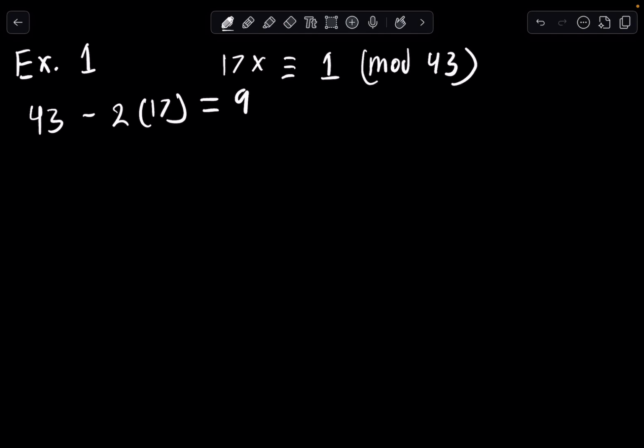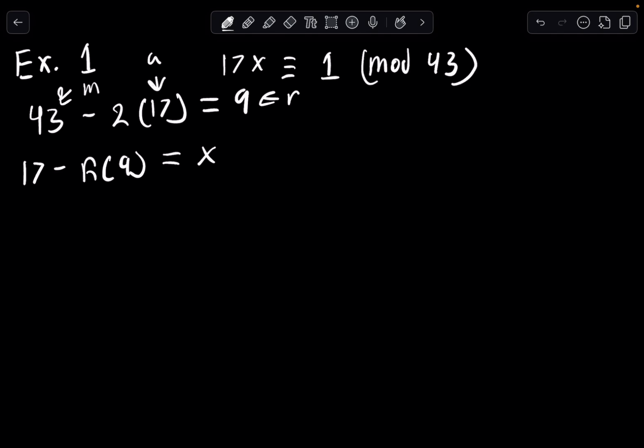Now we take a minus r in this case. Remember, we're saying that this is a, this is m, and we'll call this r here. So we're going to do a minus r, which ends up being 17 minus k times 9 will equal some x.